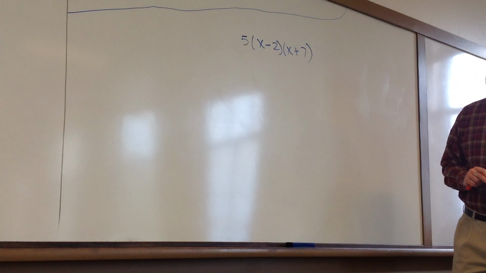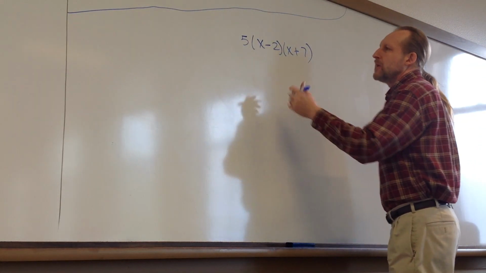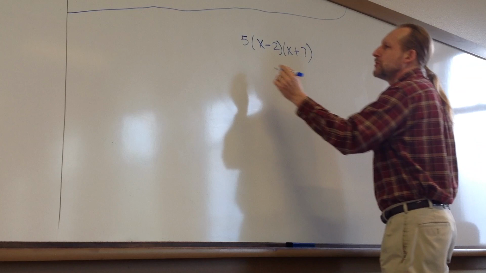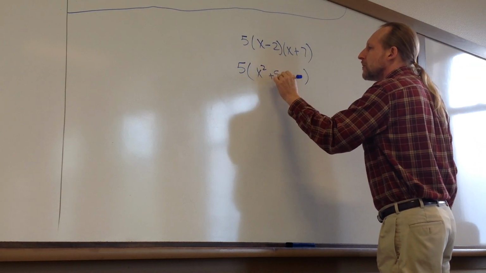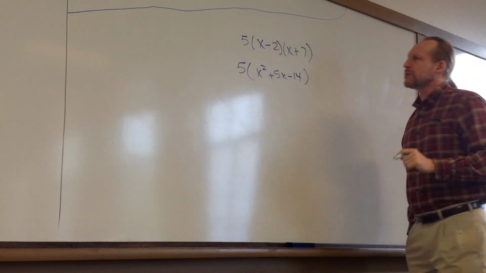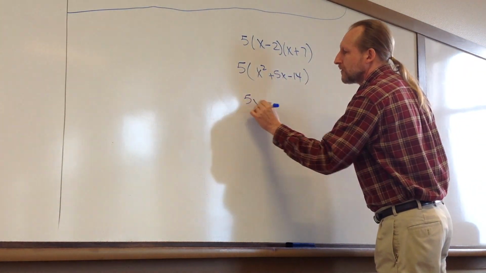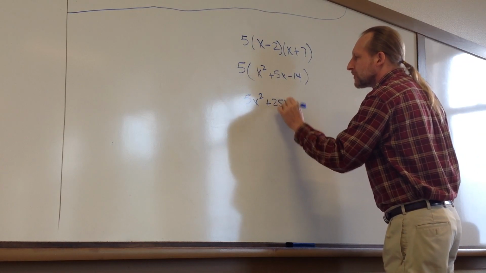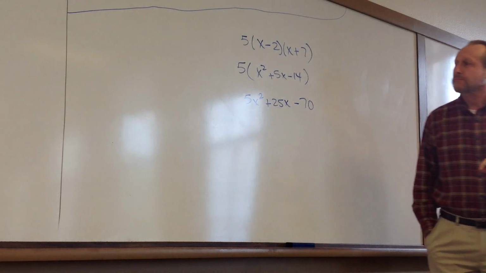A good way to handle this problem is to first multiply the two binomials, and that'll give us x squared plus 5x minus 14. And then distribute the 5 that's outside here. So that'll be 5x squared plus 25x minus 70.